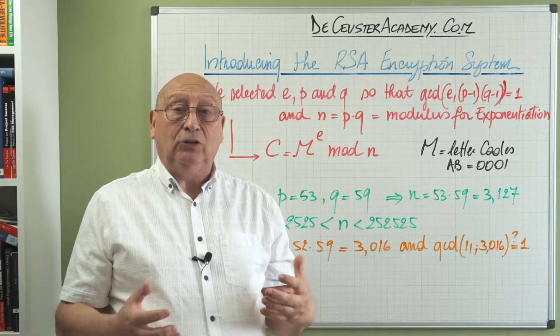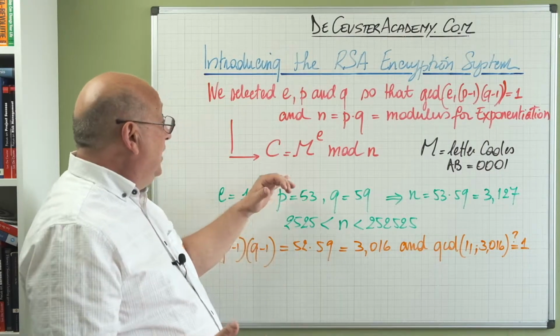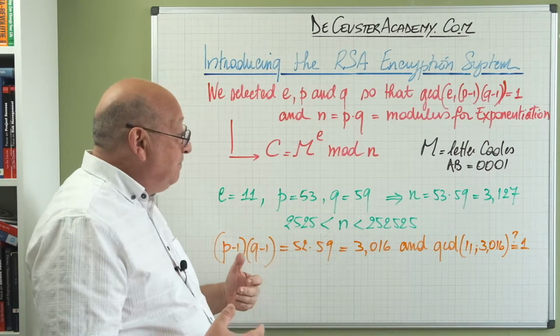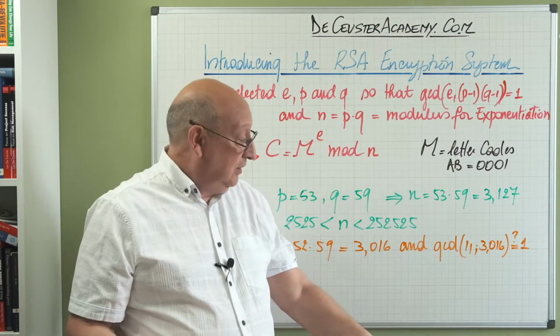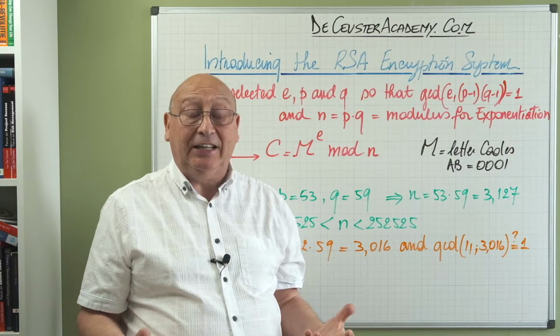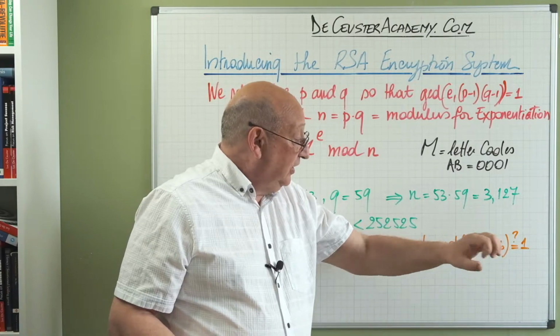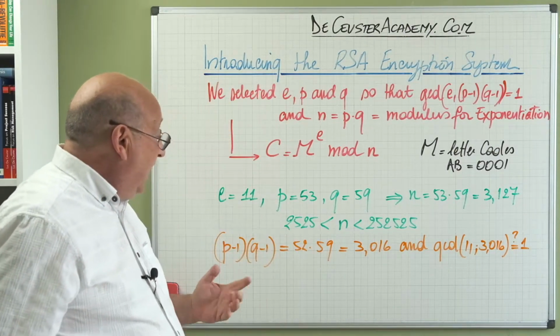Now we have to see if 3016 and 11 are relatively prime. Why is this important? Well, in order to decrypt a message, we have to do the inverse calculation, and we have to find the inverse of E modulus 3016, 11 modulus 3016. That's only valid when 11 and 3016 are relatively prime. Let's have a look at that if it is true.